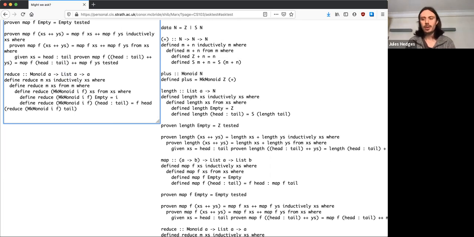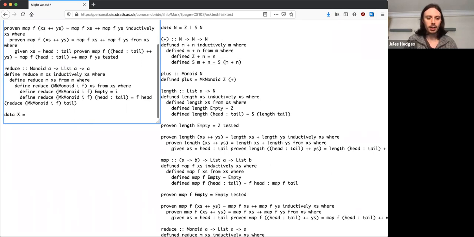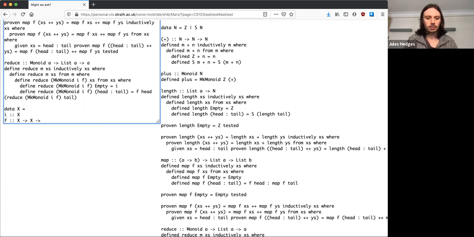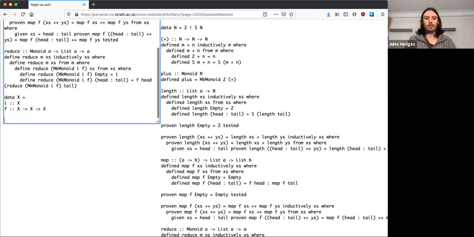Now we have to do a little bit of trickery to express this in USC. This is right on the boundary of what USC can handle. So I'm going to do a little nasty trick. I'm going to set myself up a fake data type like this and a fake monoid, and now I'm going to claim without proof that this fake monoid is actually a monoid.